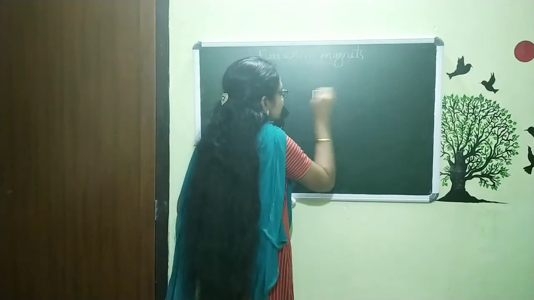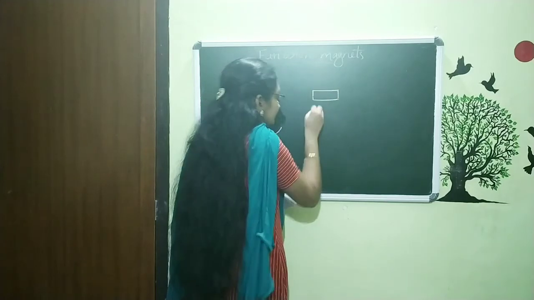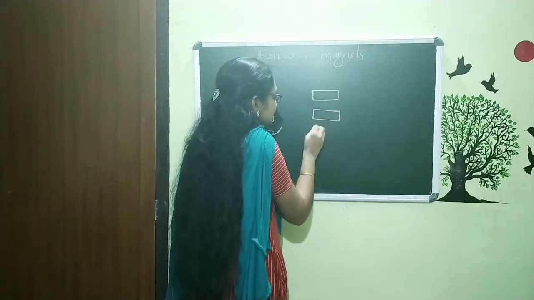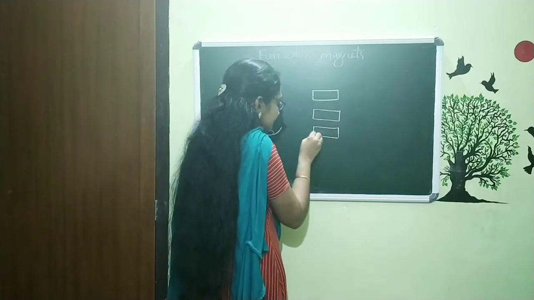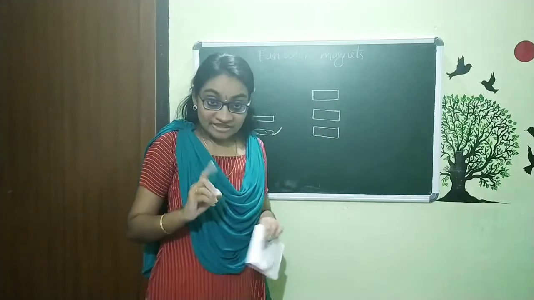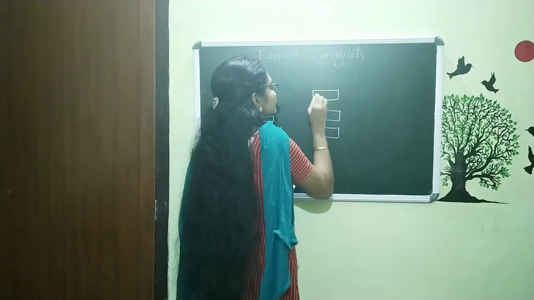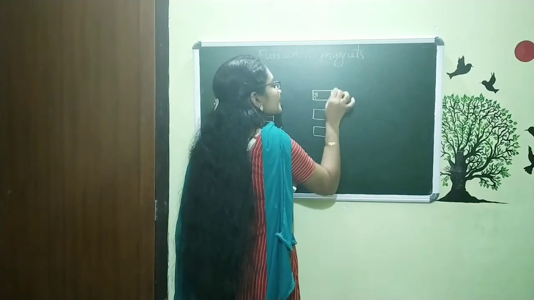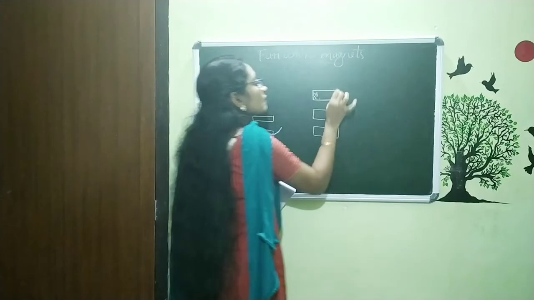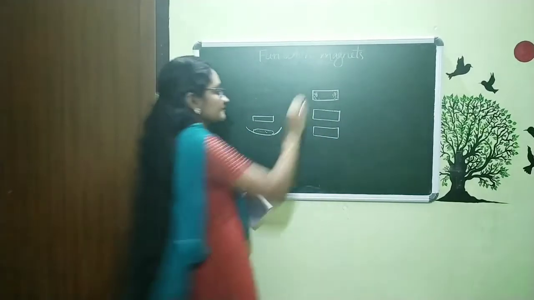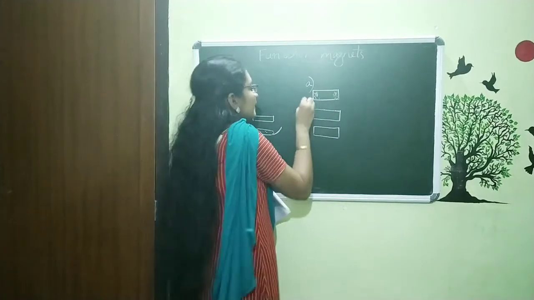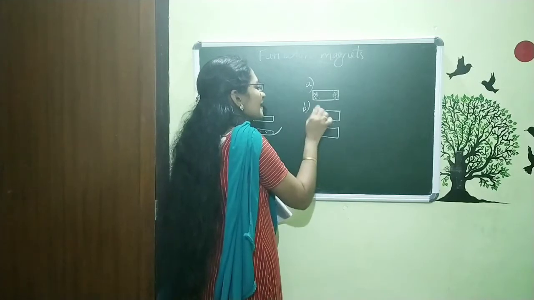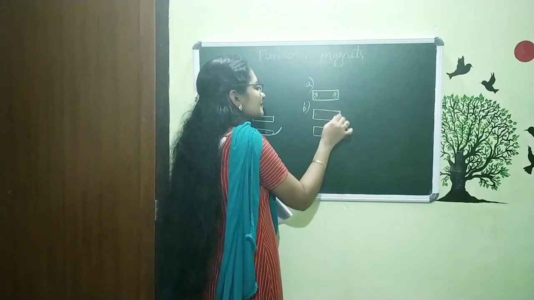One magnet, second, third. In the first combination, you can see many particles are sticking on the magnet. This is one result, A. In the second result, some particles are sticking on.